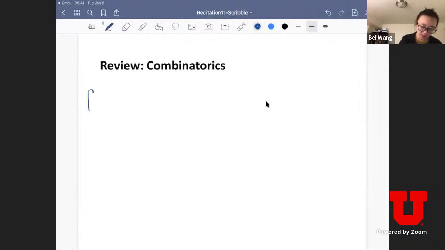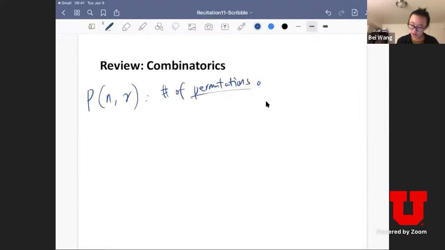One is P of n, r. This is counting the number of permutations of n objects taken r at a time.